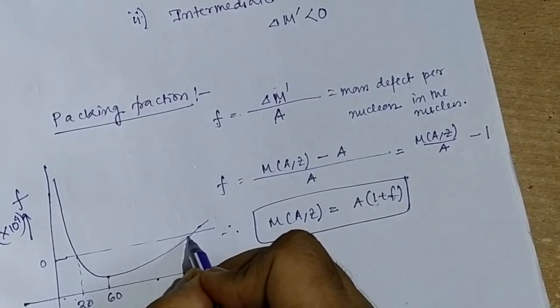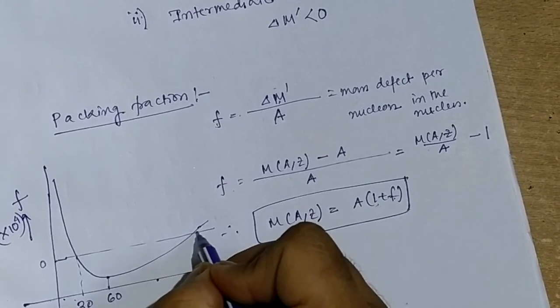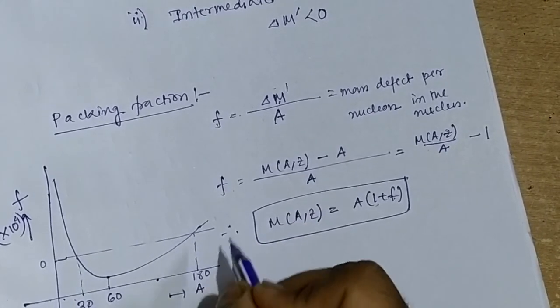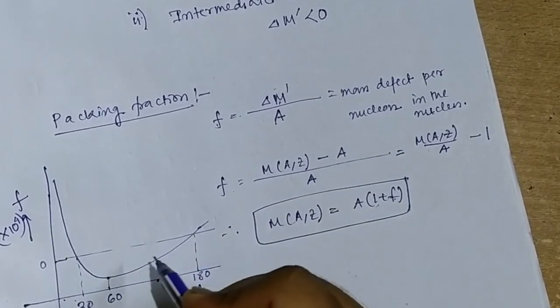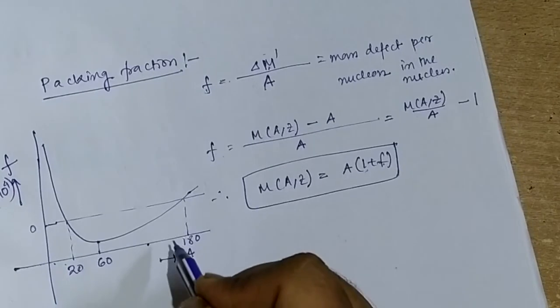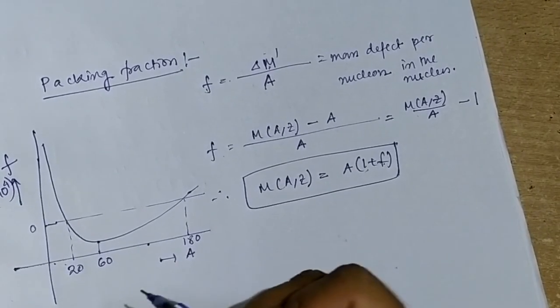It becomes positive again for A greater than 180. Clear? And this symmetric variation of f with A can be understood from the nuclear binding energy consideration also. Clear?